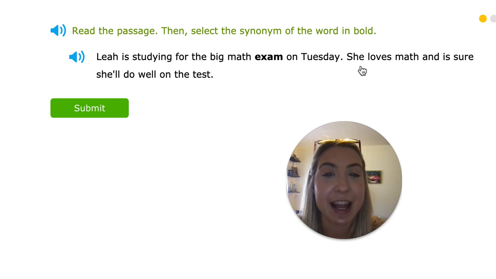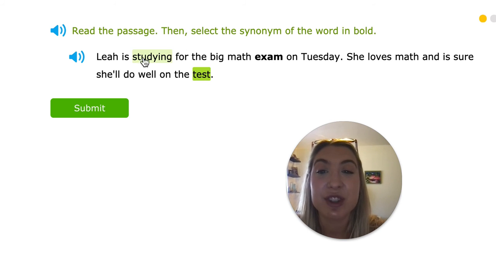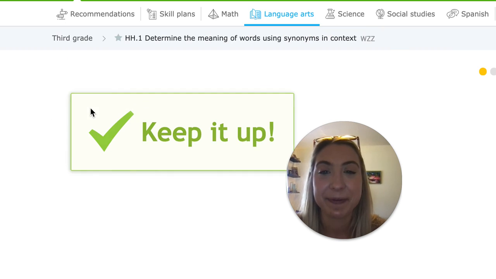In the next sentence, she loves math and is sure she'll do well on the test. Well, test is the best synonym because that's also something you're taking. Test and exam are the same thing, because if she's studying for the exam, you'd also study for a test. So we're using context clues to figure out that test and exam are synonyms.